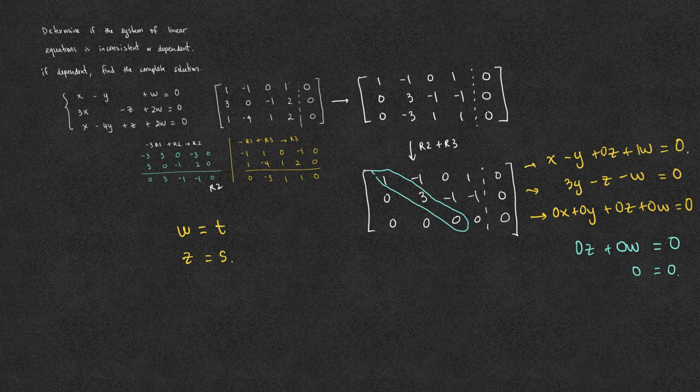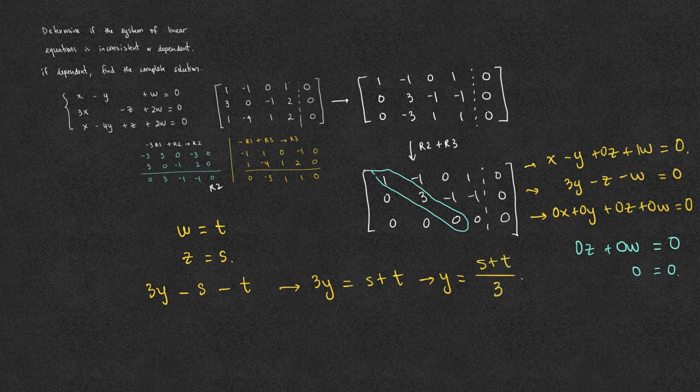Then from the second equation, we have 3y minus z, but z is now s, minus w, but w is now t. Isolate y, we have 3y equals s plus t, so that y is s plus t over 3.